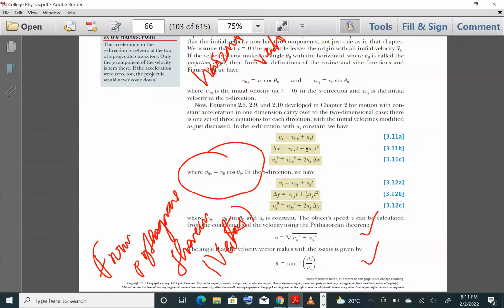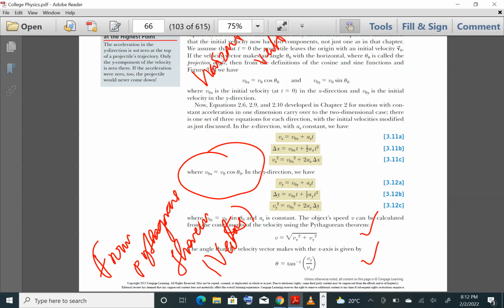You would realize now something very important here is that these same equations we were using earlier for motion, we can use them in the two-dimensional case. There's one set of three equations for each direction, right? So we can use the same equations; we're just modifying them in one way or the other.